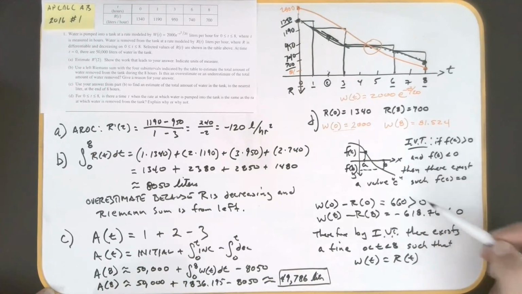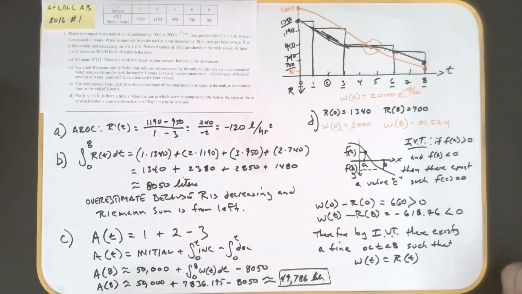If at one time it was positive, one time it was negative, there has to be a time where they were equal, or we're saying there was an x-intercept concept there. And that's how it would work.